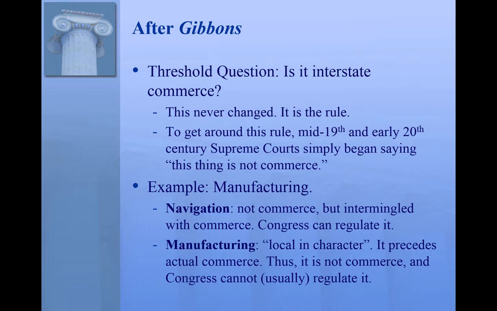But manufacturing, the courts in the mid-19th and early 20th century said, no, manufacturing is local in character. It precedes actual commerce. You can't have commerce without manufacturing, but manufacturing is not commerce. It precedes commerce, thus it is not commerce, and Congress cannot usually regulate it.